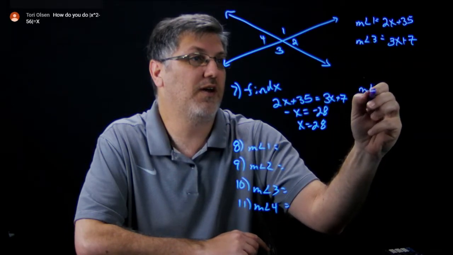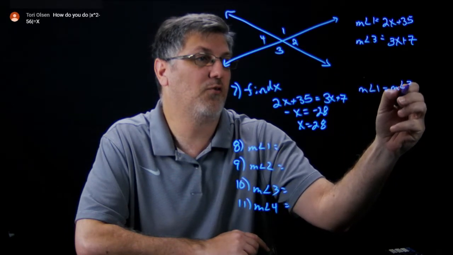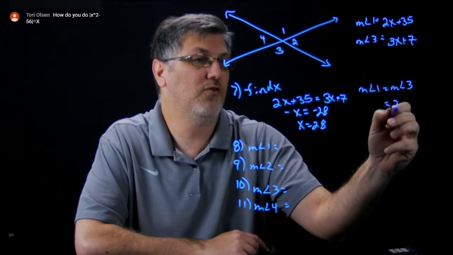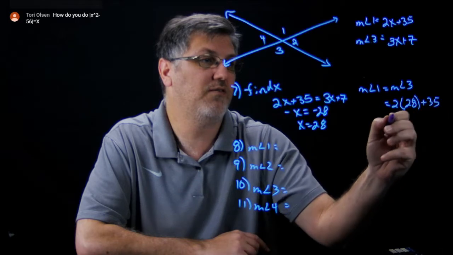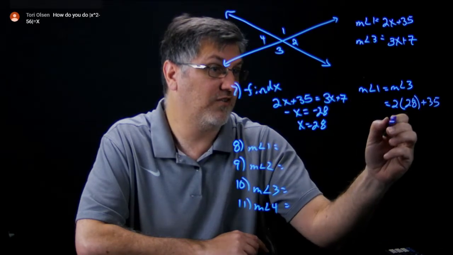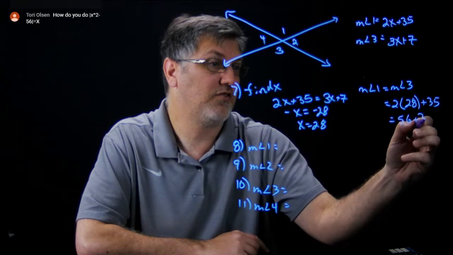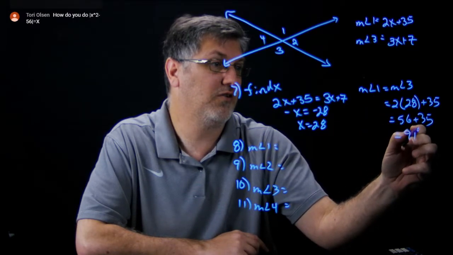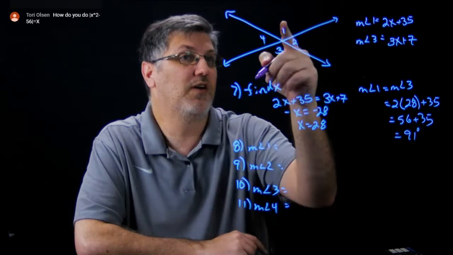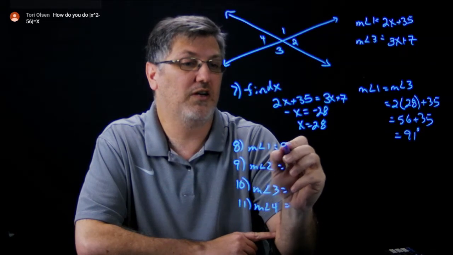The measure of angle 1 equals the measure of angle 3, which is 2 times my x value, 28, plus 35. 2 times 28 is 56, plus 35. This gives me 91 degrees. So the measure of angle 1 and angle 3 are 91 degrees.